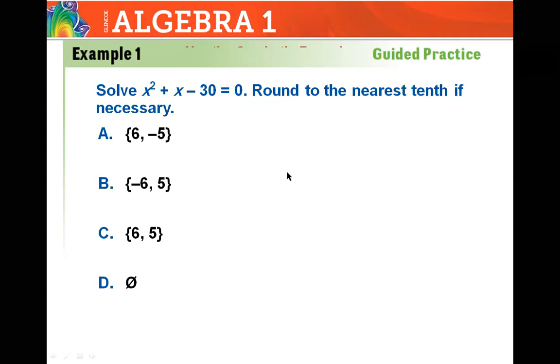The next example, x power 2 plus x minus 30 is equal to 0. To get the result, we can do it by factorization, as I said, or you can make it by using the general rule. I'll make the two methods.